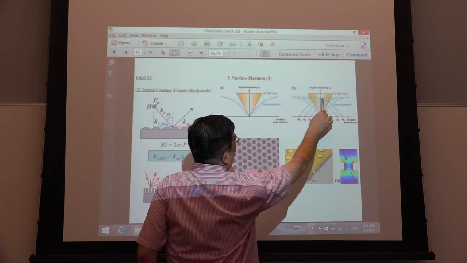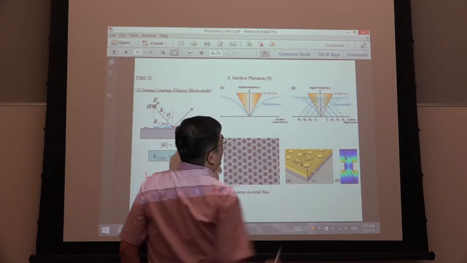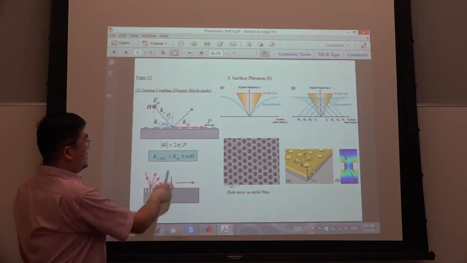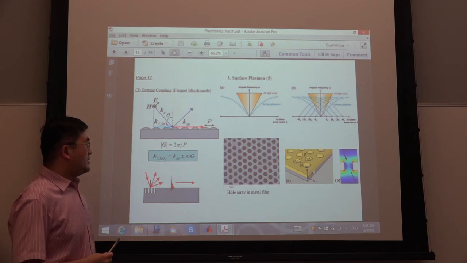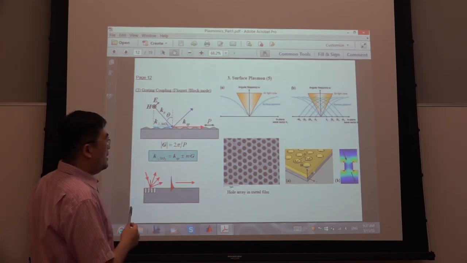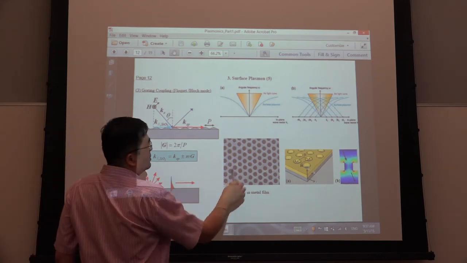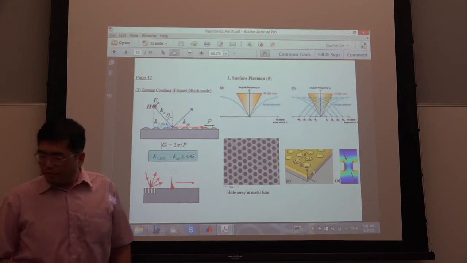You can see that because it has many different crossing points, they can excite. Mathematically, this is a very simple equation. This is just how a periodic structure can excite the surface plasmon. I think the most successful example just uses the metal film with a hole array, and they can excite the surface plasmon.